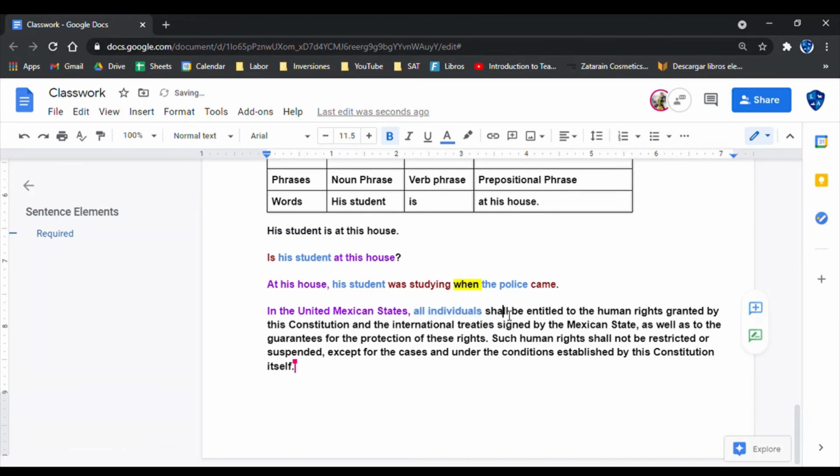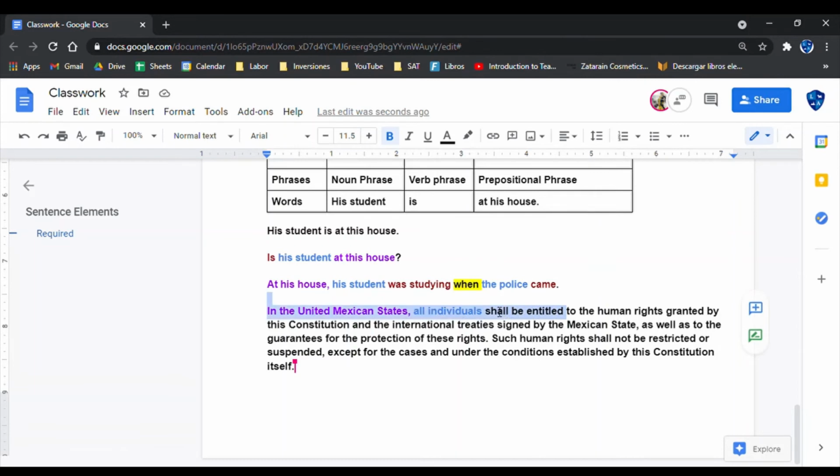Now this one should be easy because we can see here a verb phrase. This verb phrase has three verbs, Ralph. It has a modal verb, shall. Then we have the be verb, and entitled, which is in the past, -ed.